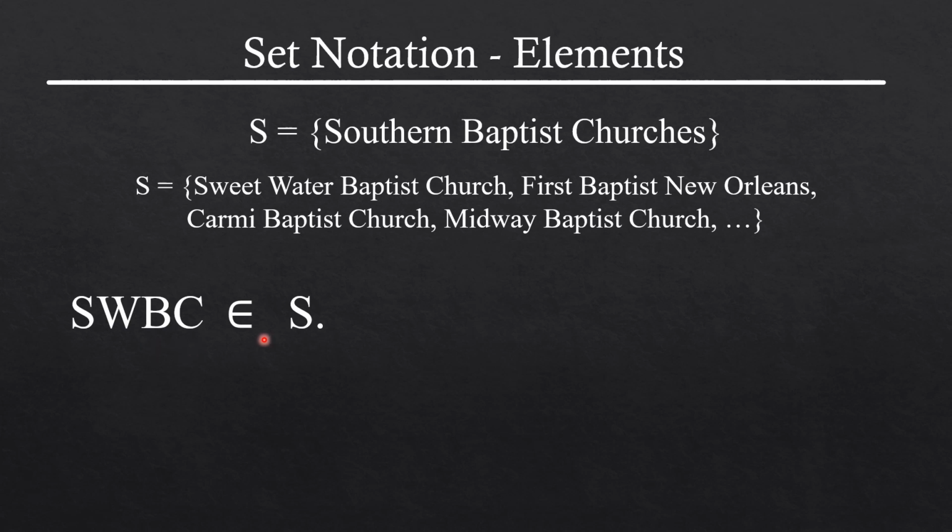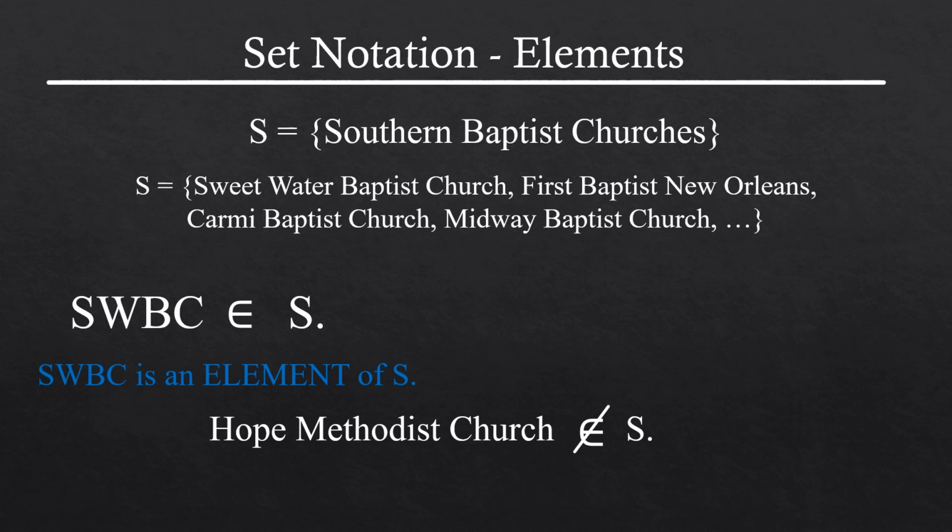Sweetwater Baptist Church, we have this funny looking E, and that E right there means that Sweetwater Baptist Church is an element of S. Then we also can say that Hope Methodist Church is not an element of S. The E with a slash through it means that it is not an element of S. So that's how we would write that it is not an element. And you'll have some homework assignments that will use that notation as well.